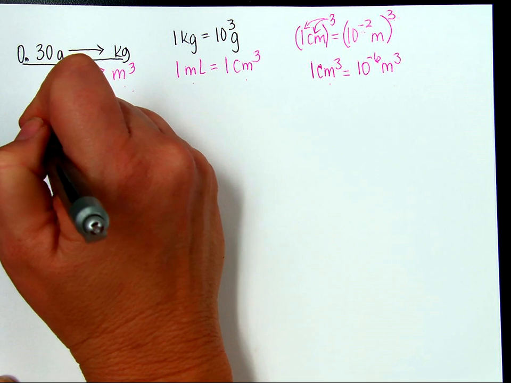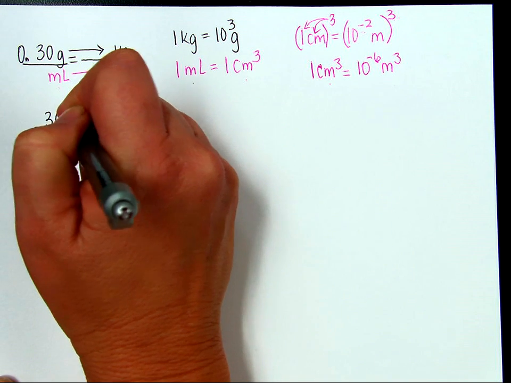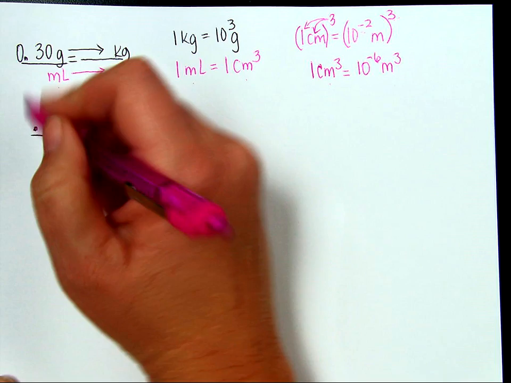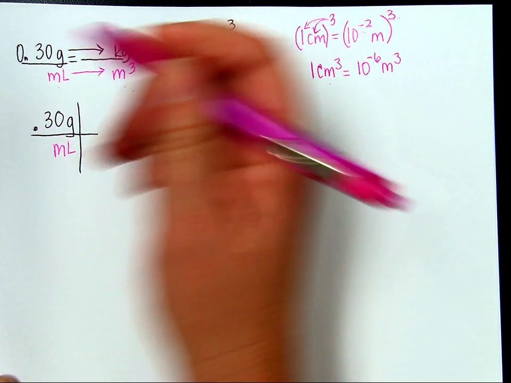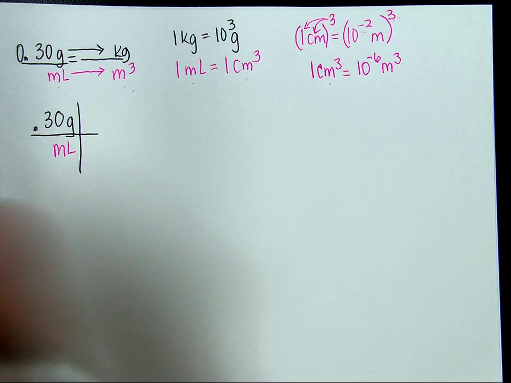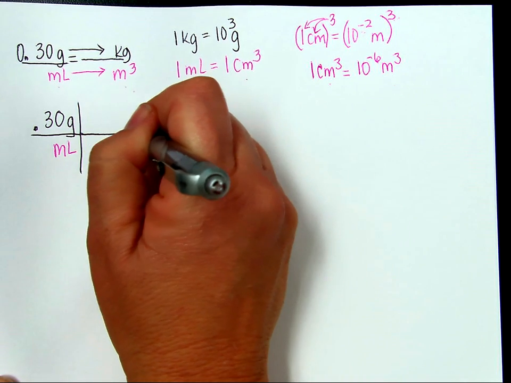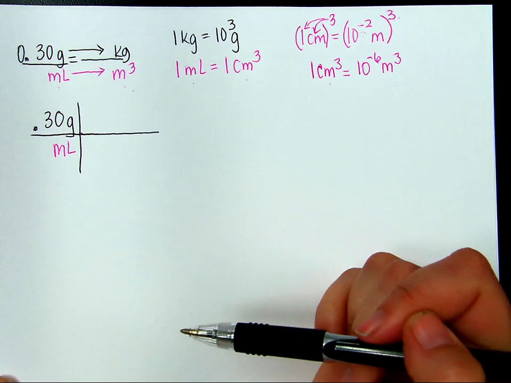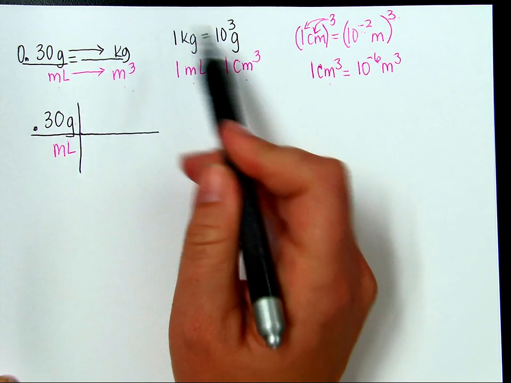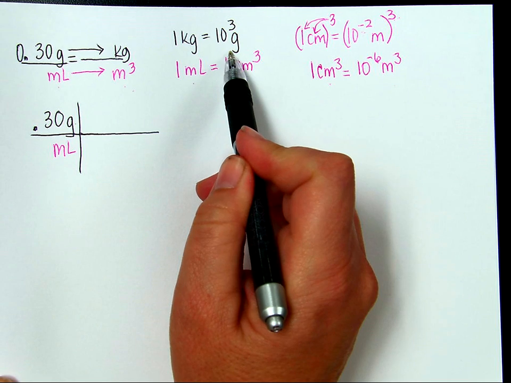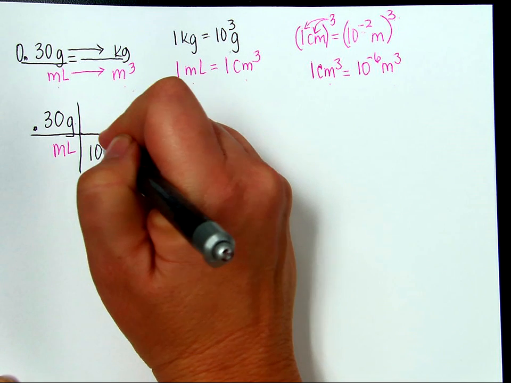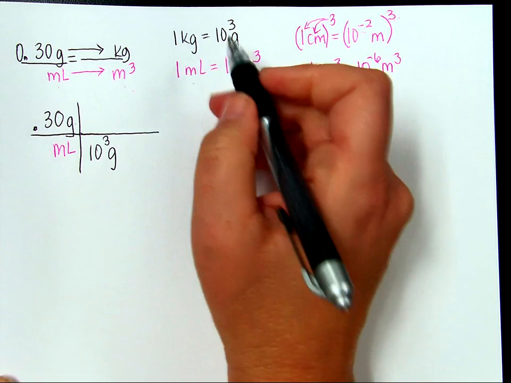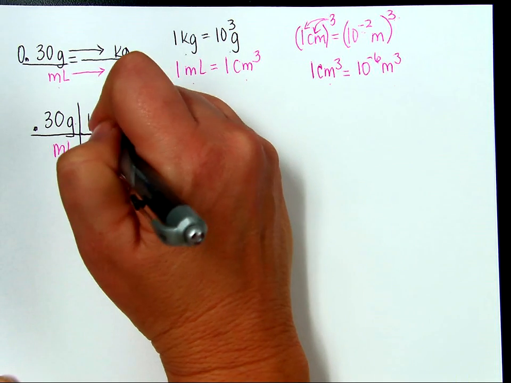So we always go back to what was given. That's our starting point, 0.30 grams per milliliter. I'm going to go ahead and convert from my grams into my kilograms first. So if I have grams upstairs, I'm going to look at my relationship, and I'm going to put 10 to the third grams downstairs. And right above it, we'll go 1 kilogram.